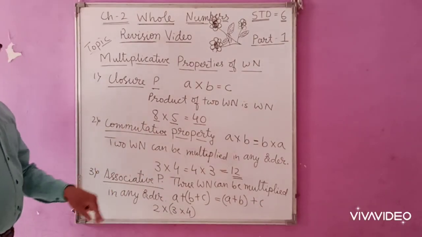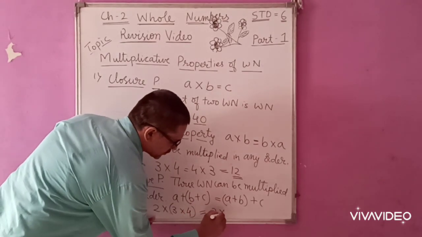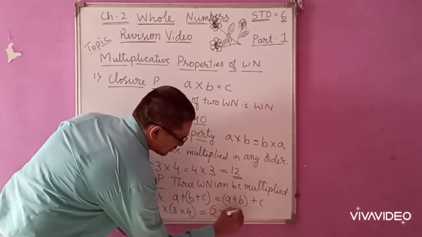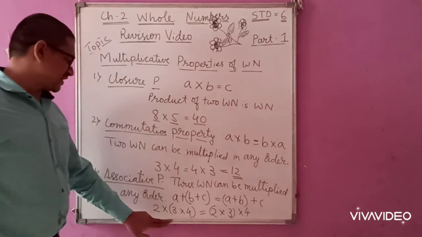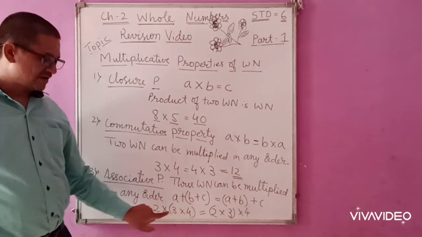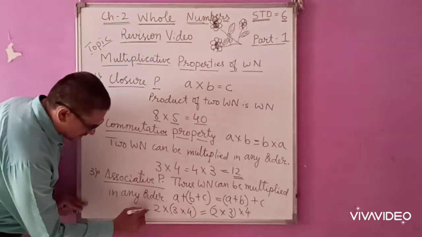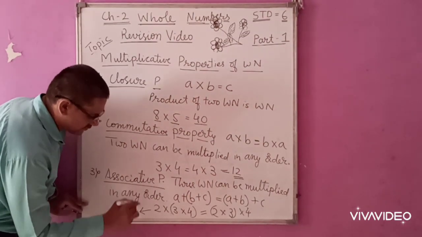2 into 3 into 4 means the same as 2 into 3 into 4. Now if you multiply the bracket first, 3 4s are 12, 12 2s are 24. So this side the answer is 24.